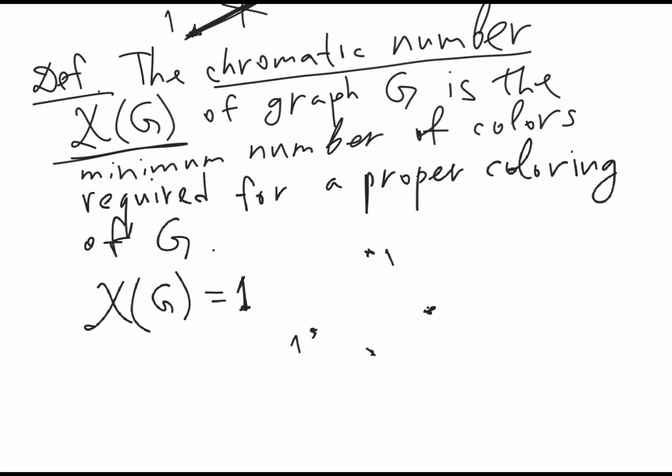If there is at least one edge, then the vertices at the ends of this edge must be colored differently, and therefore we must have at least two colors.